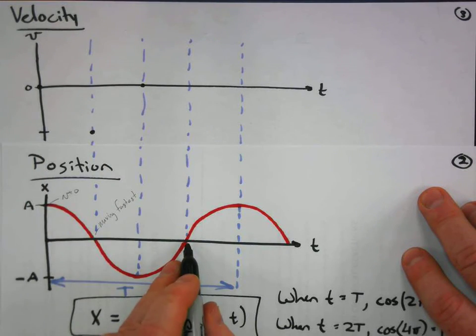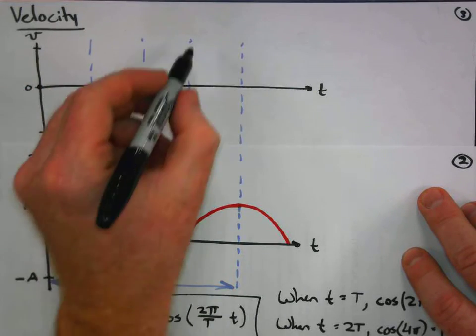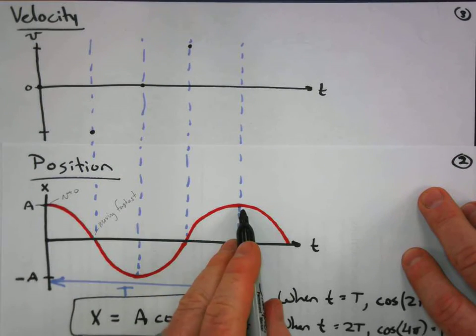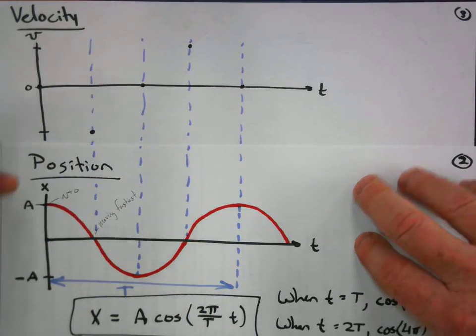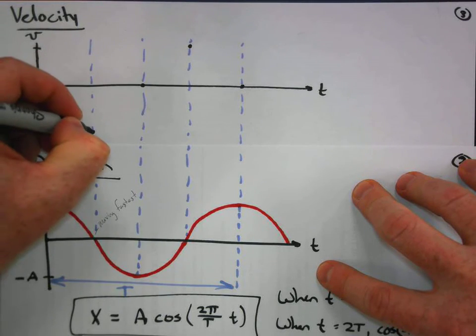And then here I've got maximum positive velocity, so I'll have a positive velocity max up there. And then I've got, again, a velocity of 0. Slope of 0 on the position-time graph gives me a velocity of 0. So this is pretty slick. So I can check out a pattern here, and this also should look real familiar to you.